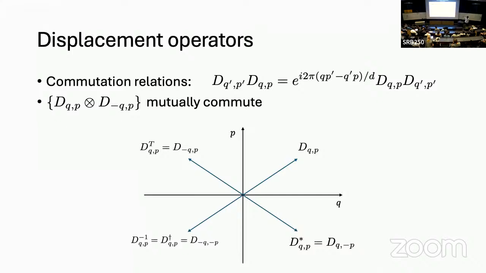But if I use the transpose unitary, then it is true that D tensor its transpose commutes with D prime tensor D prime transpose. Because I braid the first two, I get the positive phase, and then I get the complex conjugate phase when I braid the second two, and those cancel and give me a commuting set.